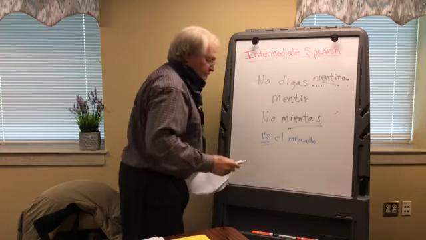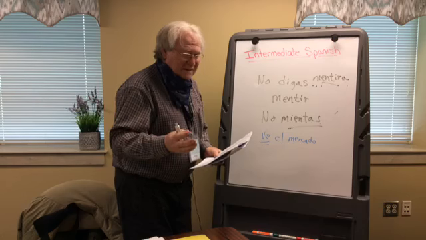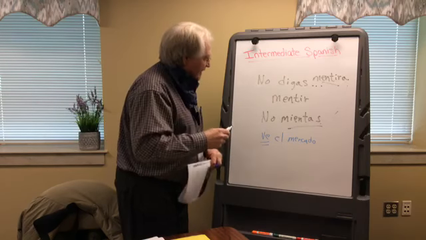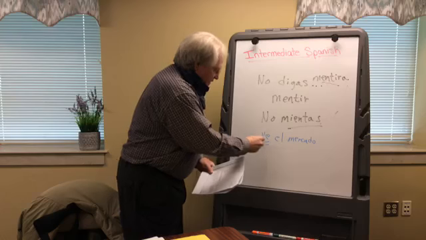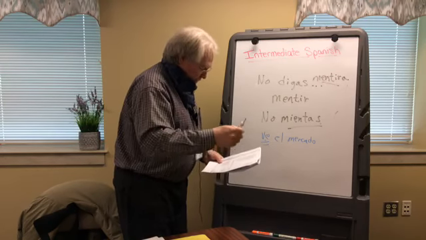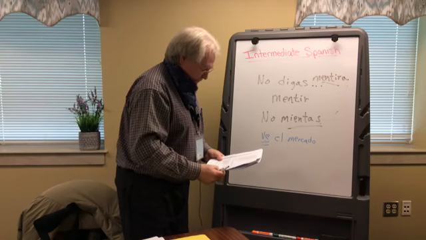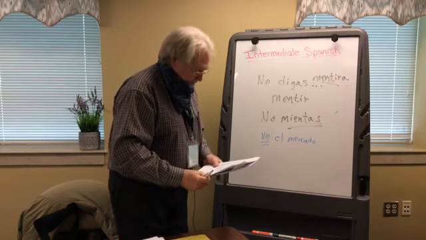This is not from ir, it's from ver, to see. So, we have some identical forms here. This can mean either see something or go there. That can be confusing. So that's just a heads up.